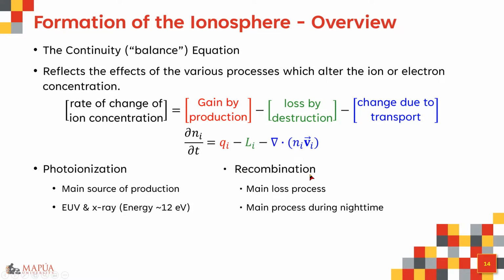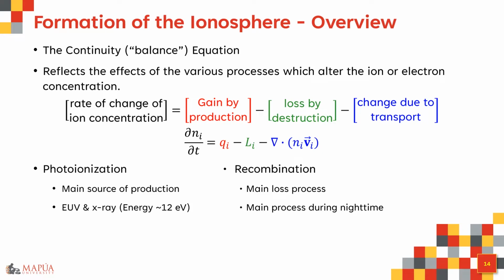That means your positive ions and negatively charged particles like electrons recombine due to Coulombic forces. When they recombine, the amount of ions present in the ionosphere changes.